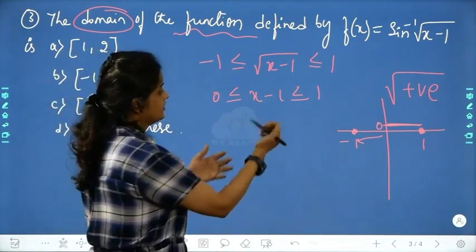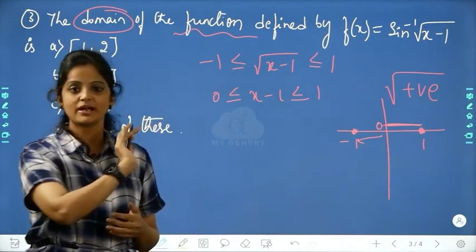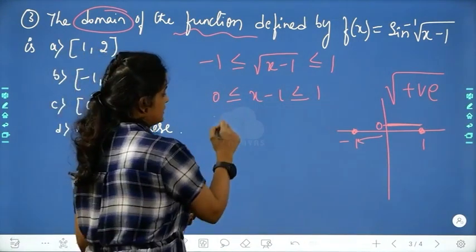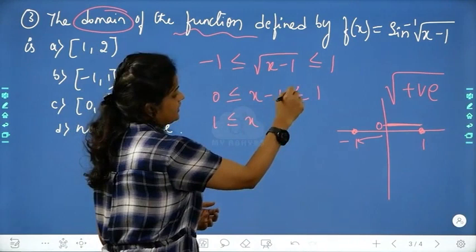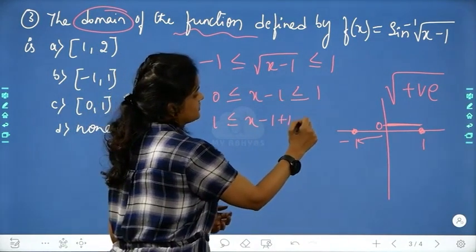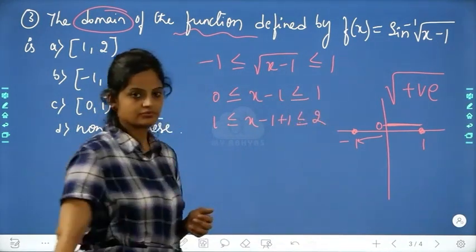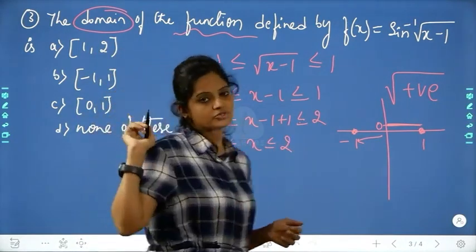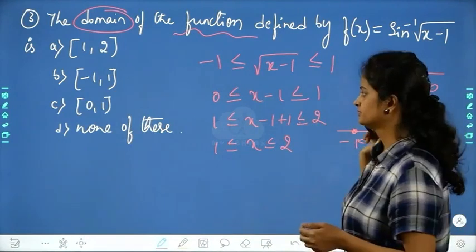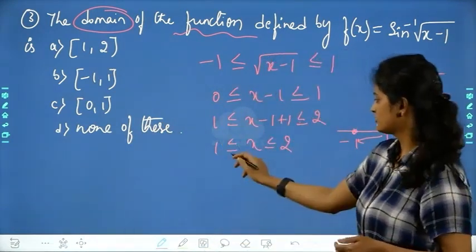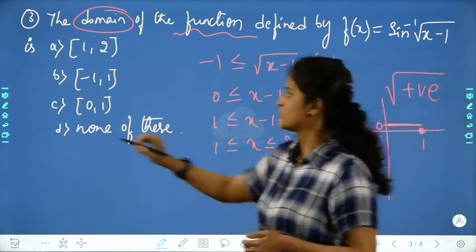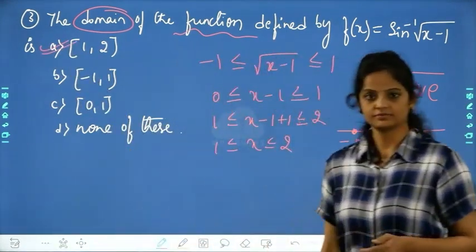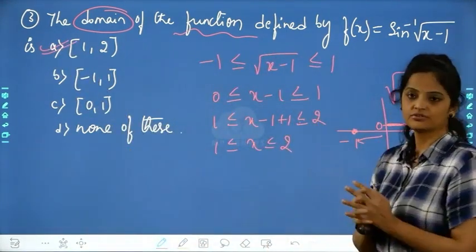So I'll take plus 1 here. Minus 1 plus 1 is 0 and 1 plus 1 means 2. So where does it lie? See the options: 1 to 2 with square brackets because we have equals here. Yes, option A is correct. 1 to 2 is the domain of this function.